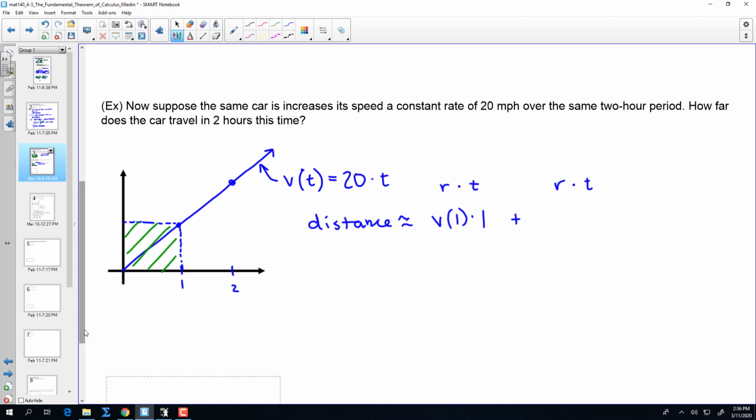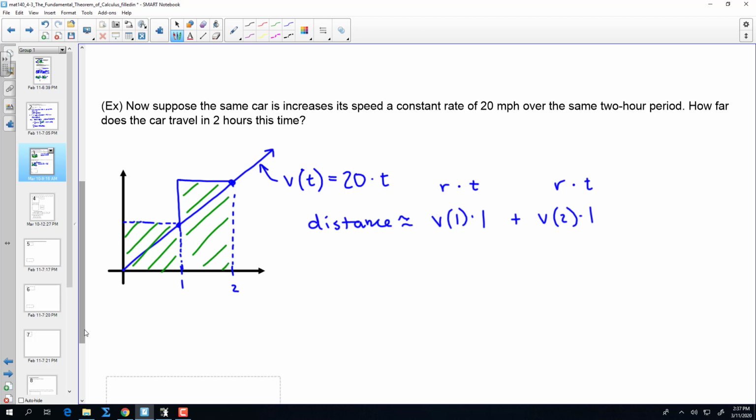So again, I'm just going to use the end point of the interval as my estimate for what speed was traveled. And so if I multiply that times 1, which is the amount of time traveled there, so v of 2 times 1, then that would give me the total amount of distance traveled in that hour.